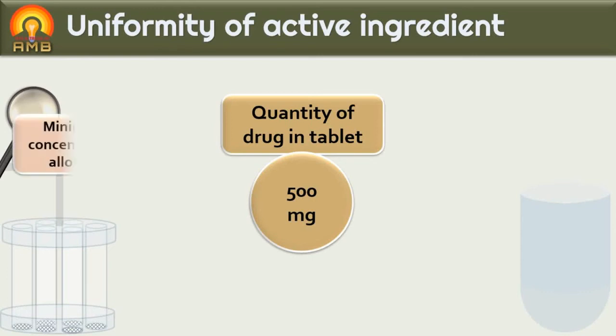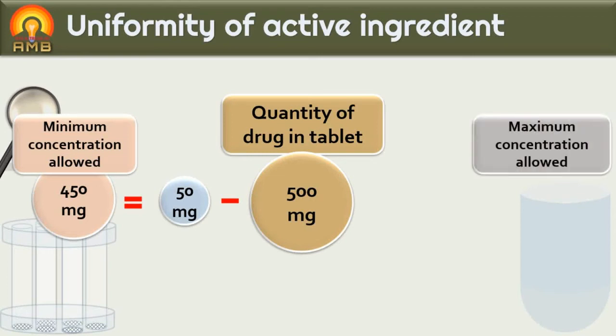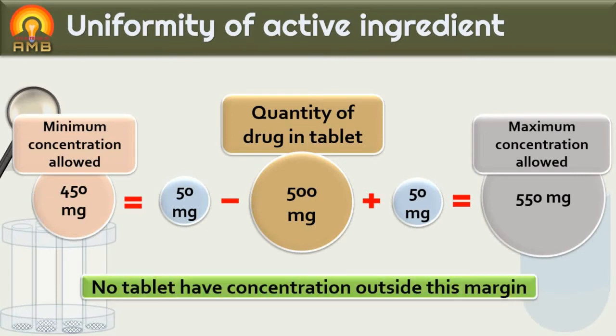Then the minimum concentration that should be present in these tablets will be 90% of 500 mg, that is 450 mg, and the maximum concentration that should be present in these tablets will be 110% of 500 mg, that is 550 mg. No tablet should have a concentration outside this margin, that is less than 450 mg or more than 550 mg.